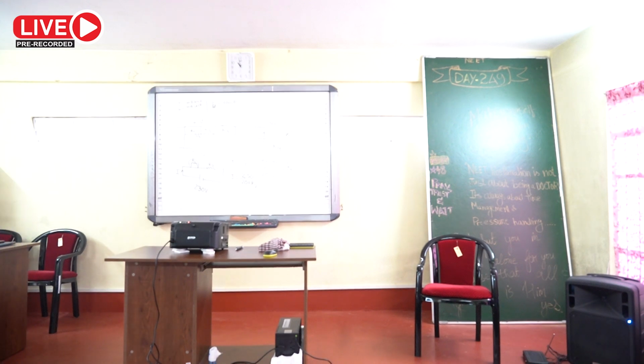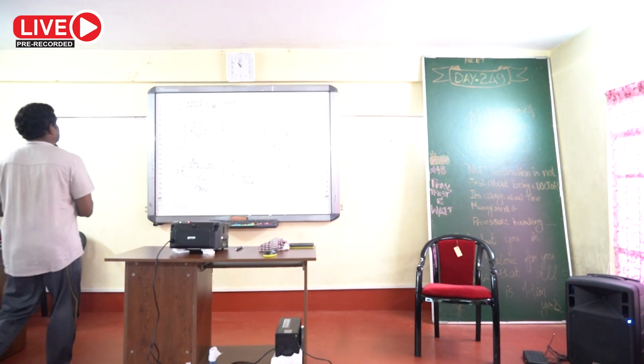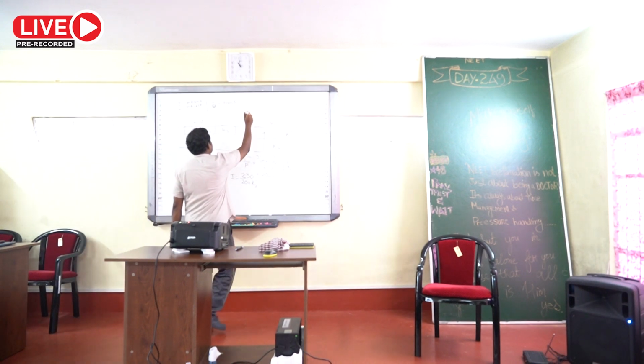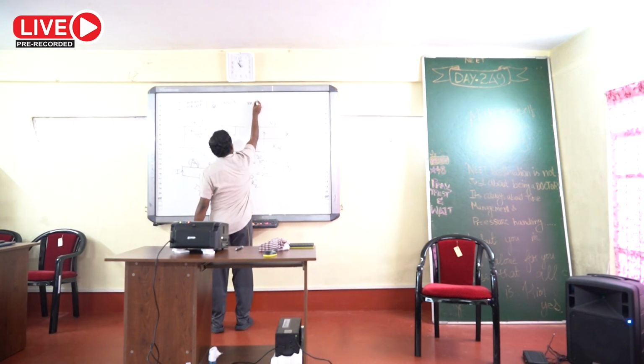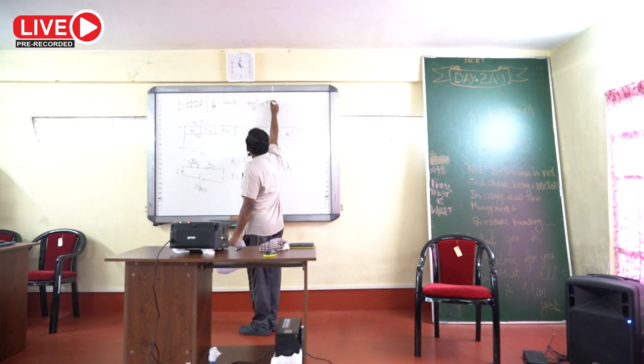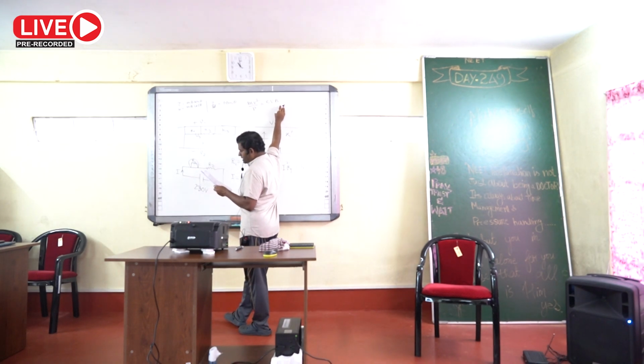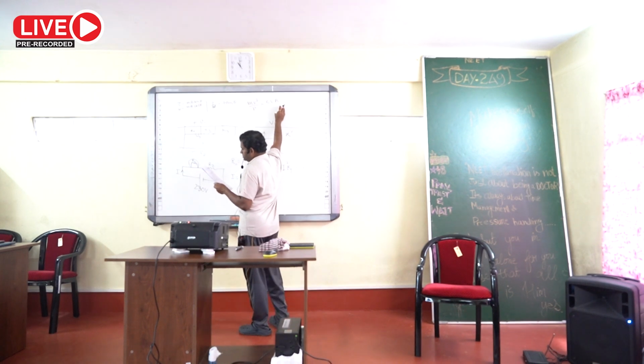Now, we have written mv square by r equals qvB, but for the electron q is replaced by e. Now what we have to find out? Frequency of revolution.